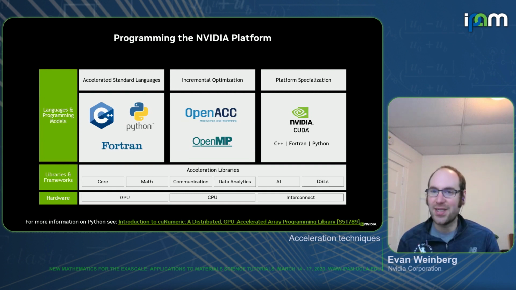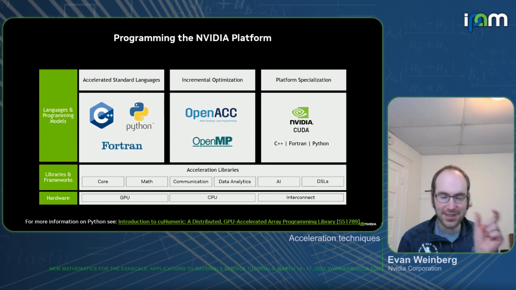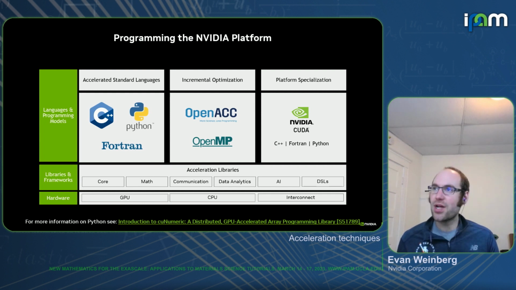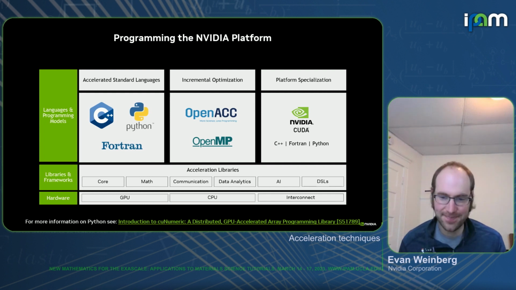The rightmost one is specializing, writing very specific CUDA code. There are pragma-based codes that are going to look really similar to that really simple OpenMP parallelism example. And then there's a lot of work going into, I just want to be able to write in vanilla, boring C++ or Fortran or Python and not care about any of this.